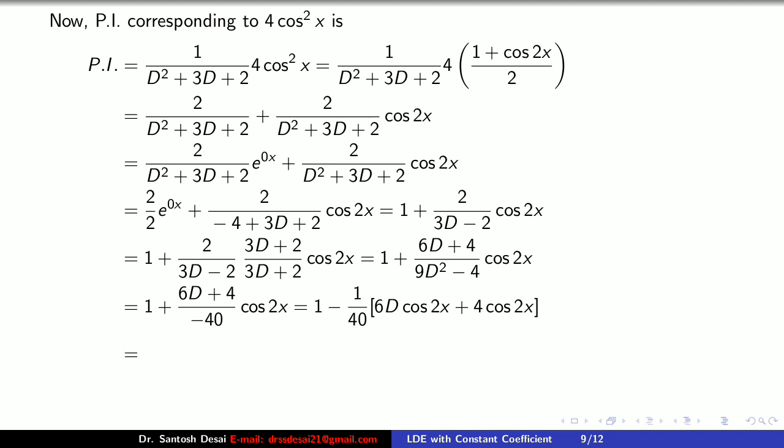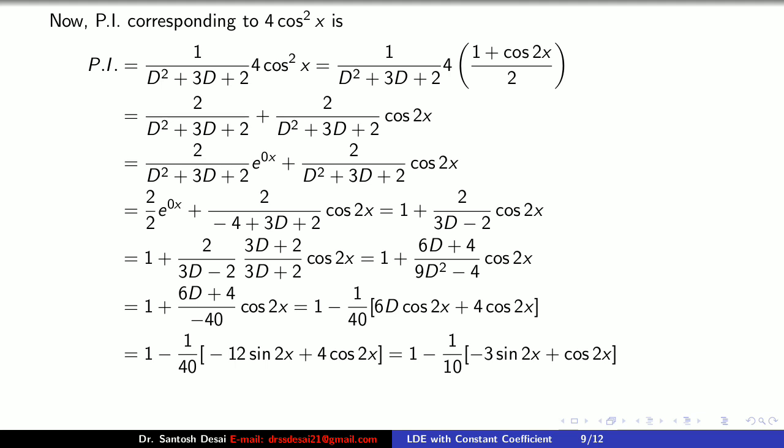So we get 1 minus 1 by 40 into (minus 12 sin 2x), and the second term remains as it is, plus cos 2x. Now one can take 4 common and cancel with the denominator. So we get 1 minus 1 by 10 into bracket minus 3 sin 2x plus cos 2x.